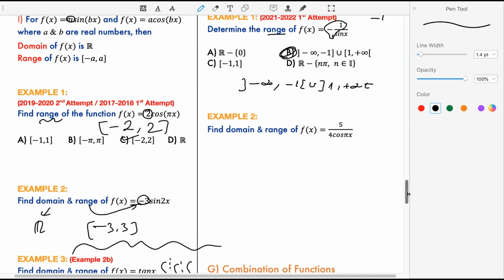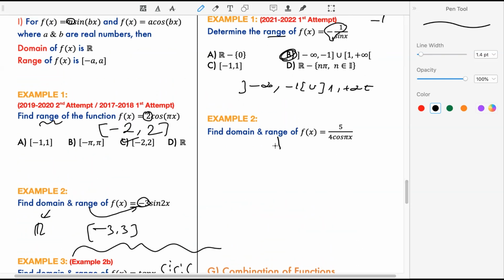Let's solve one question. Let's answer the range first. Look at the coefficient, 5 over 4. So from negative infinity to negative 5 over 4, exclusive, union, the positive 5 over 4 to positive infinity is the range. The domain is tricky. It's all real numbers except zeros of the denominator.